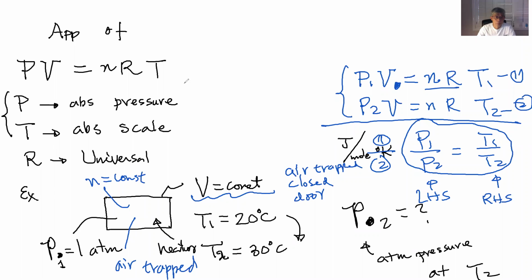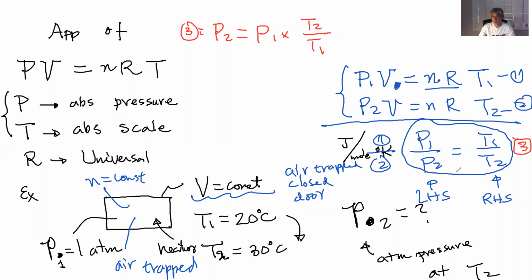So now I'm looking for P2. From equation 3, I'm going to rewrite it here. P2 is equal to P1 times T2 divided by T1. This says that if my temperature goes up, then my pressure also goes up.